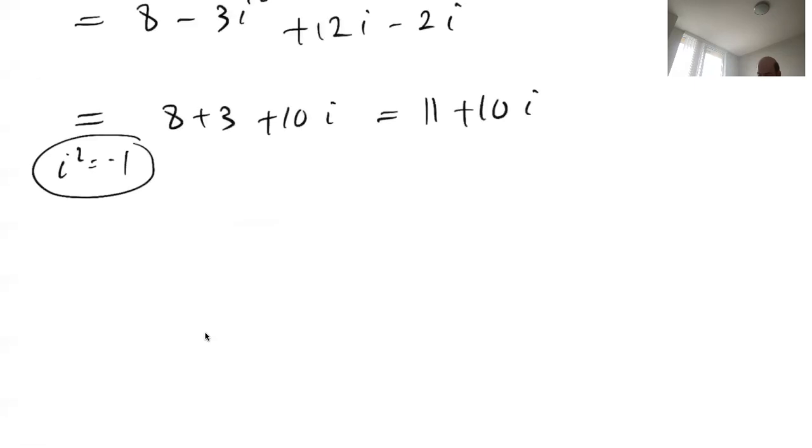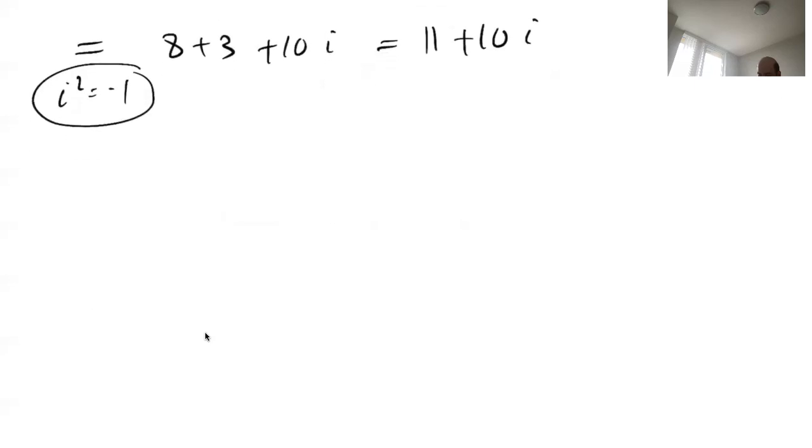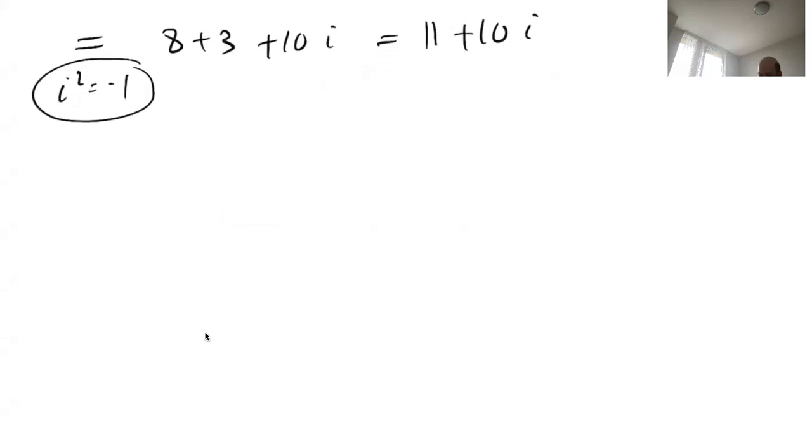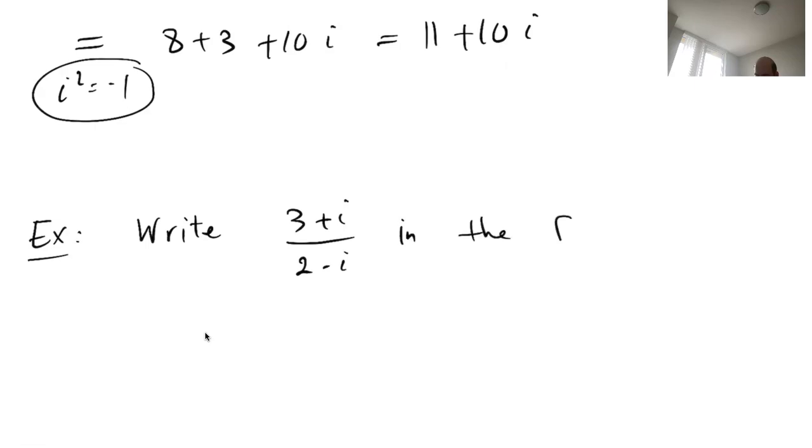Now let's look at another example. Let's say we want to write 3 plus i divided by 2 minus i in the form alpha plus i beta.